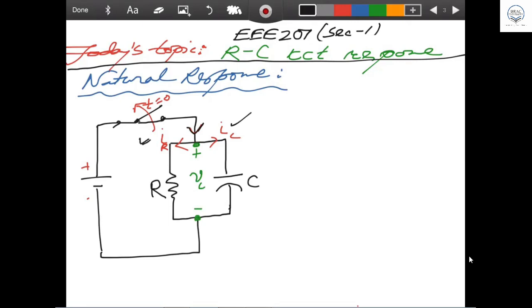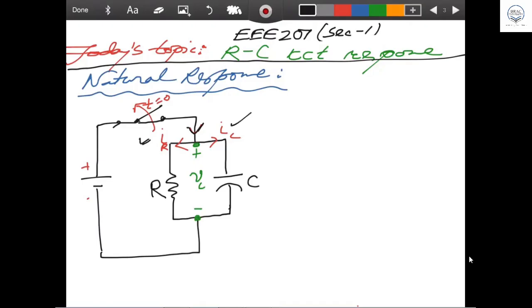And the current was flowing through the resistor and the capacitor. And what happened? When the IC current is flowing through the capacitor, then the capacitor voltage, as I told you, is like water flowing into a bucket: the water is accumulating, the pressure of the bucket, the water pressure, is increasing.